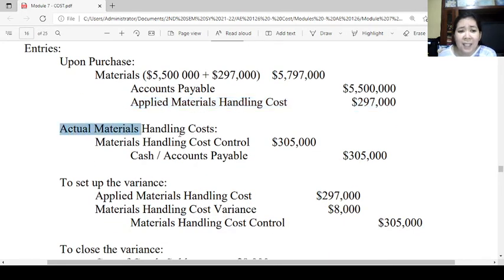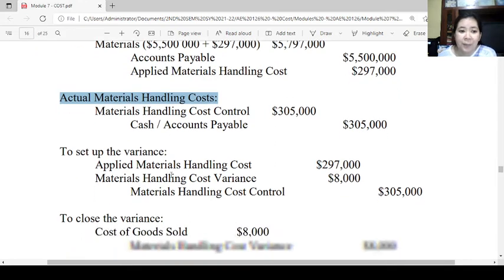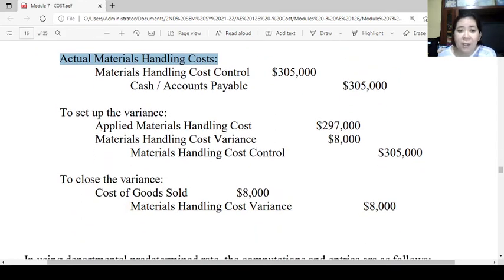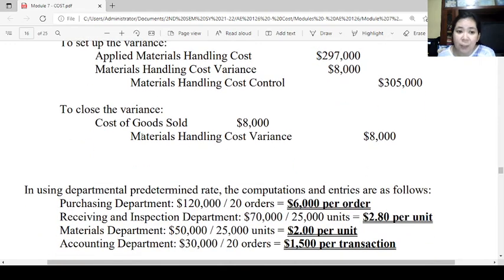To account for the actual materials handling cost, we will debit materials handling cost 305, credit cash or accounts payable. To set up the variance, applied materials handling cost is 297, debit also materials handling cost variance of 8,000, and credit materials handling cost control or actual of 305,000. To close the variance, we will close it to cost of goods sold: debiting cost of goods sold of 8,000, crediting materials handling cost variance of 8,000.